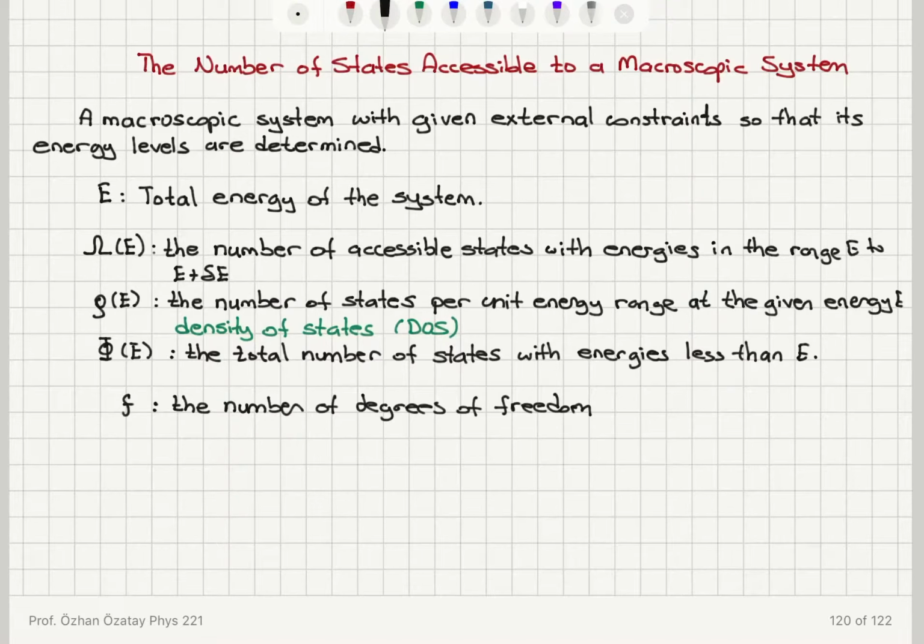So you have number of degrees of freedom 3N. So for a macroscopic system, this is of the order of Avogadro's number. So that's like 10 to the 24 set of quantum numbers you have to specify in order to get the quantum state of this system.